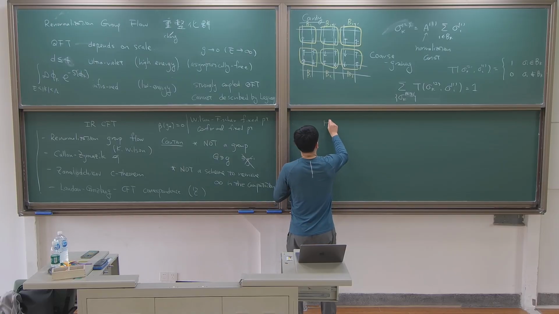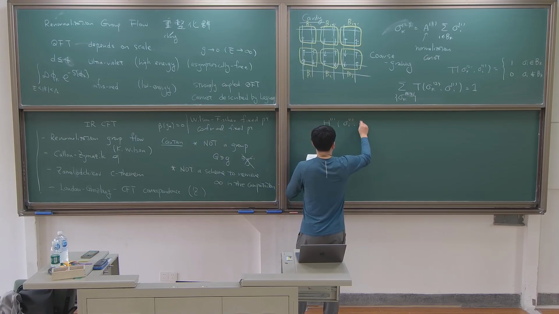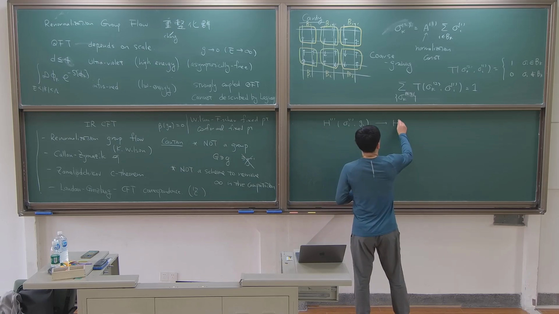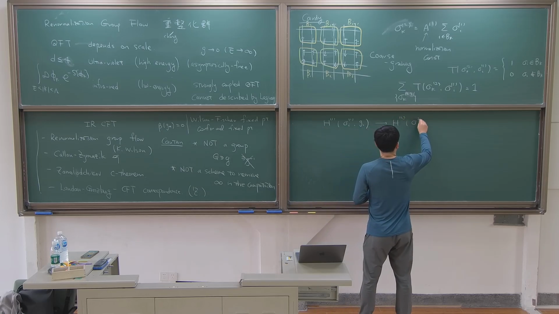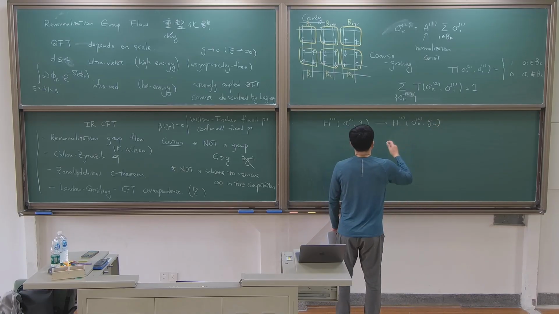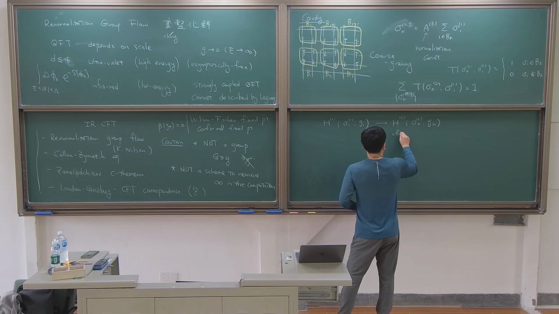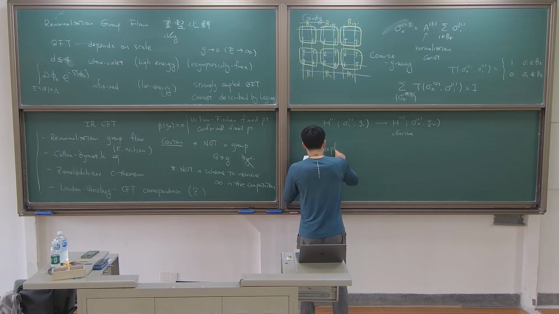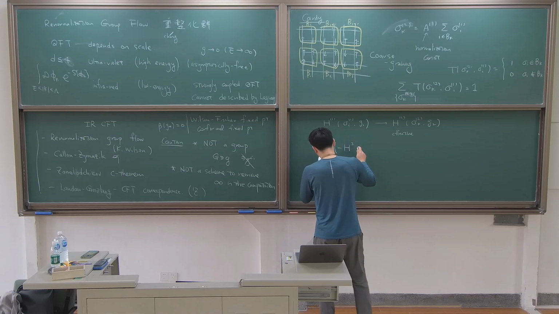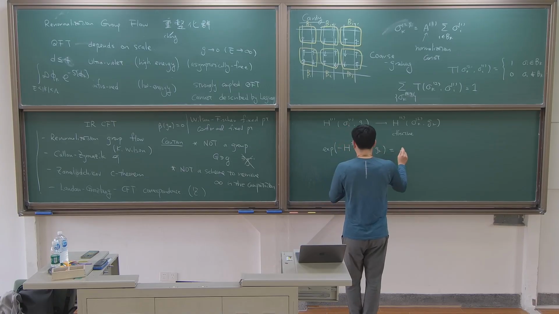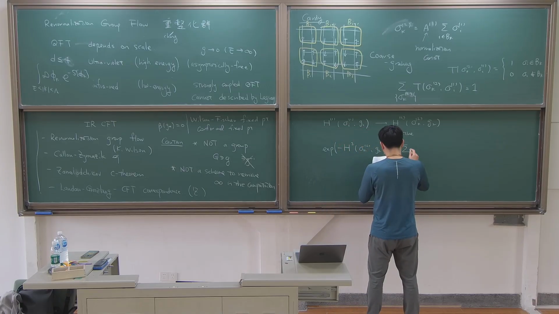You just construct, from the old Hamiltonian, the effective Hamiltonian. So this is the old Hamiltonian, and this is the effective Hamiltonian, summing over sigma 1, exponential of the effective Hamiltonian of sigma 2 is equal to something like that.